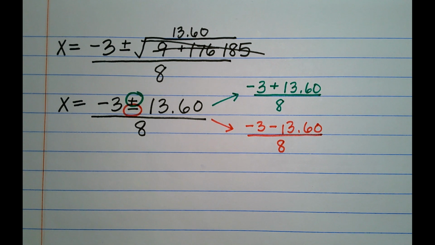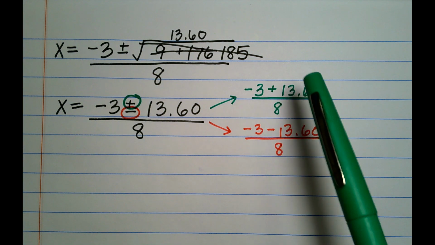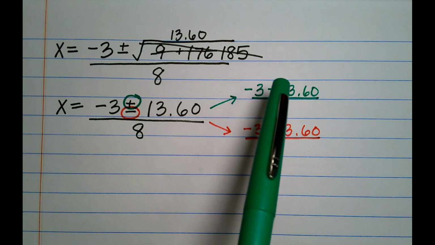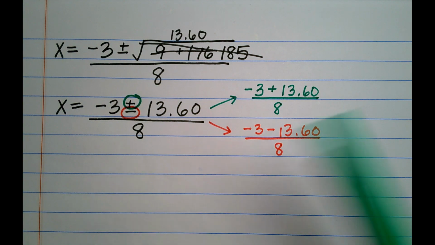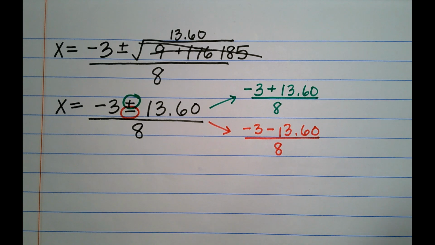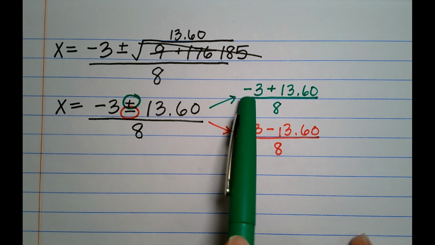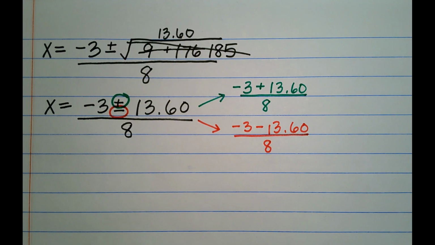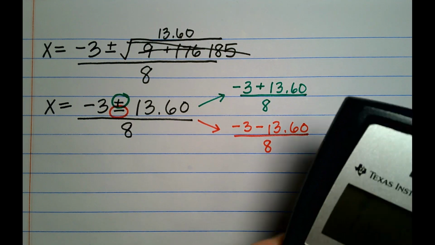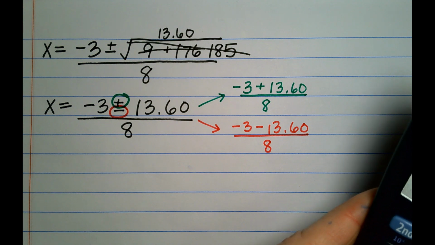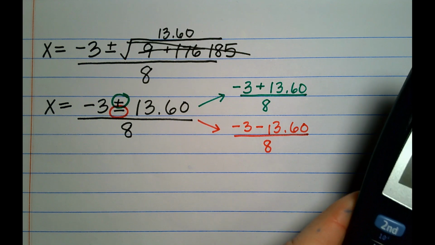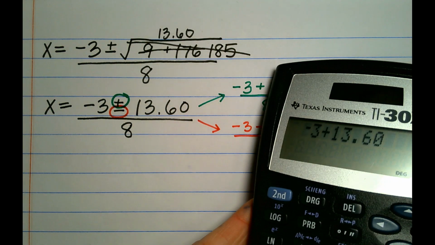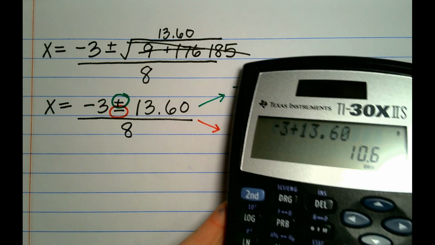Okay, so we have our two problems. Now, I have two different things to solve. Let's start with the plus. I need to do whatever is on top of my fraction first. So, we are just going to type that in, -3 plus 13.60, and that will give us 10.6.